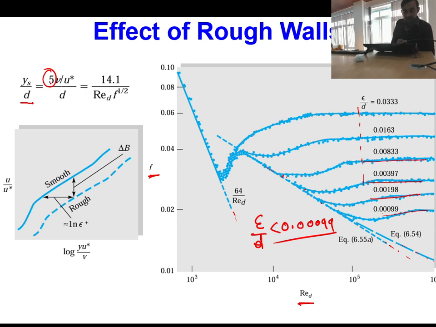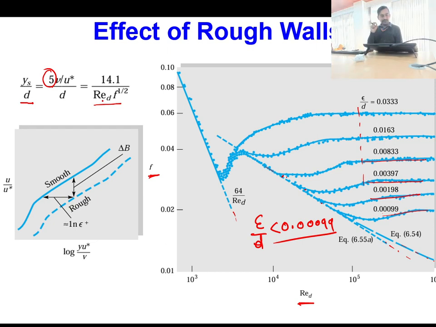If I equate this y plus value of 5 to the friction factor correlation, I will find that y plus 5 becomes a function of Reynolds number, which also has some connection to the roughness. If your y plus is small, it means that your laminar sublayer will occur within the maximum roughness portion of the pipe.